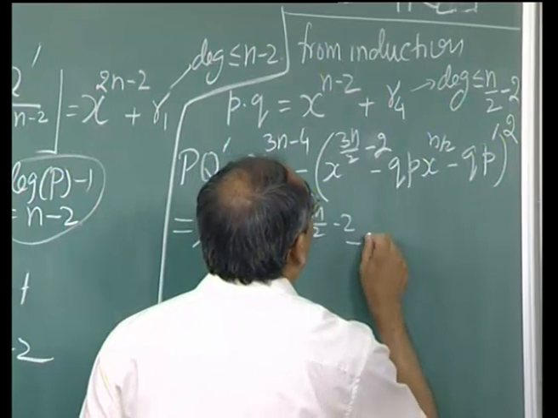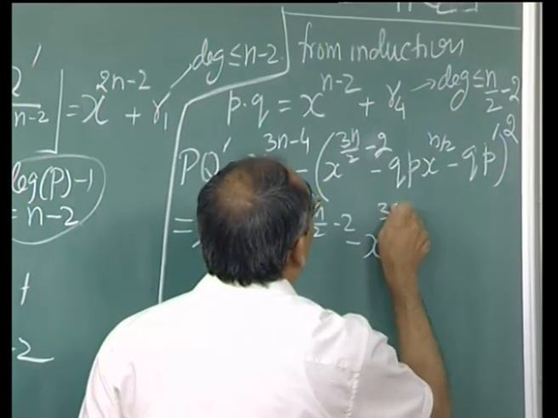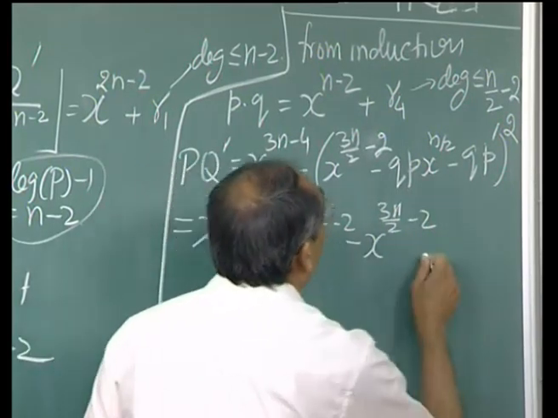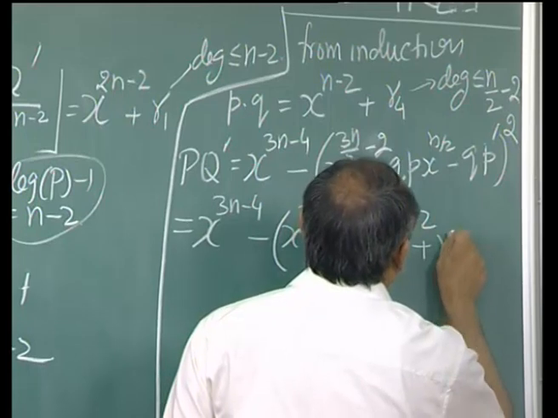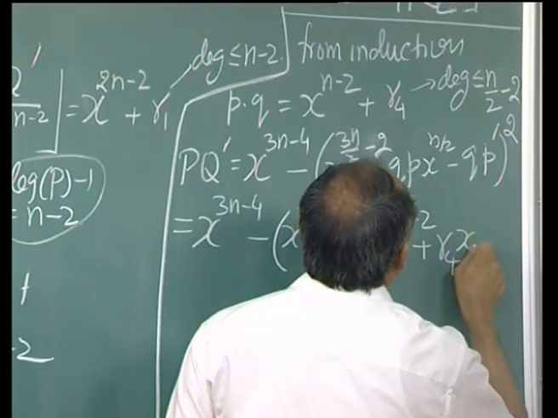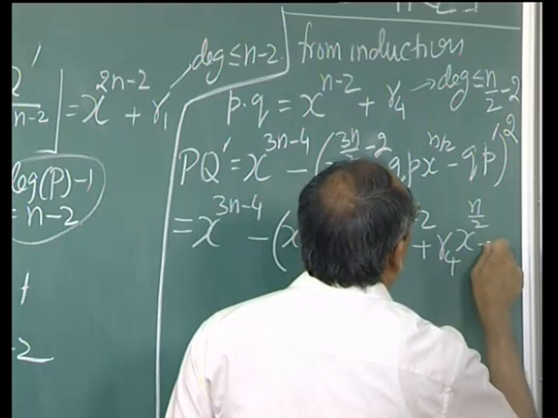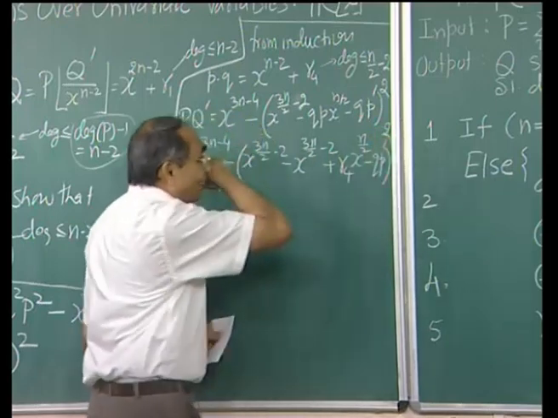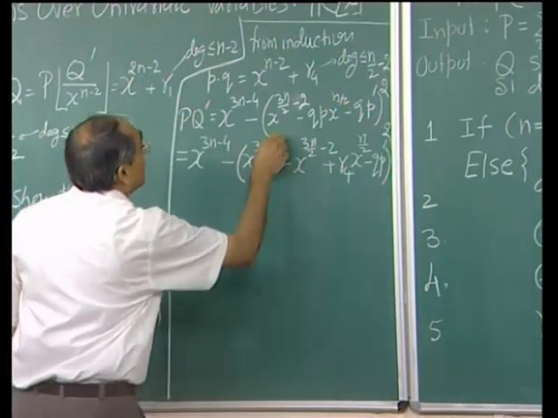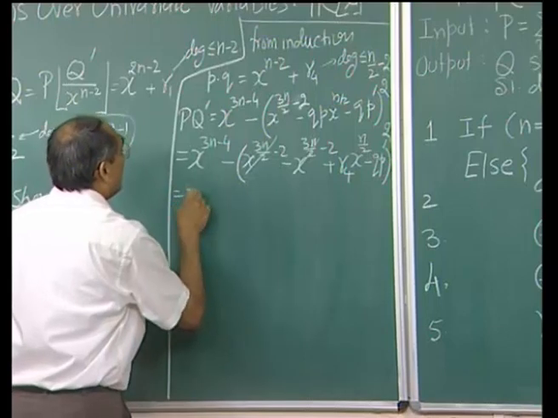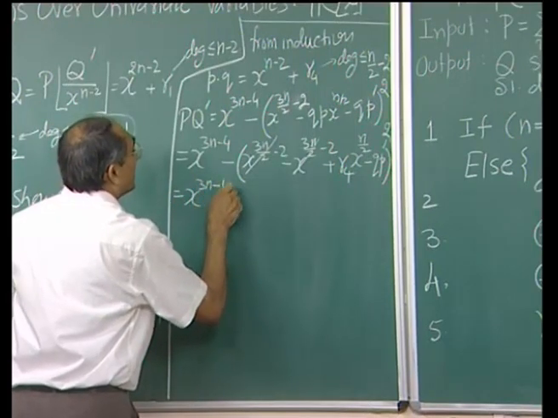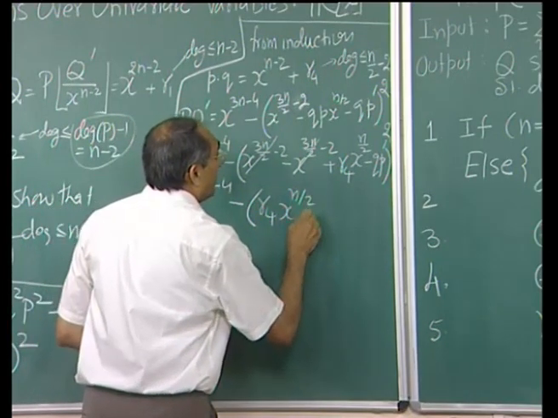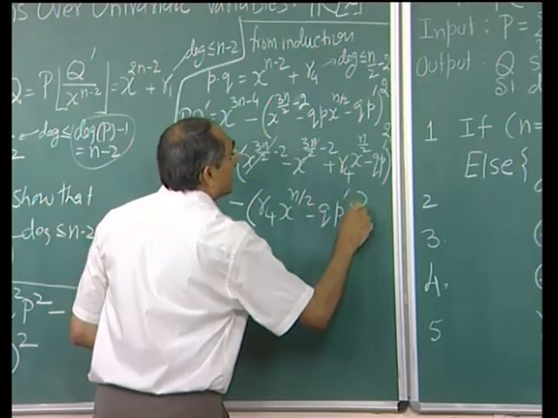So, that makes it x to the power 3n by 2 minus 2 plus R4 x power n by 2, minus q p' square. These cancel and we are left with x power 3n minus 4 minus R4 x to the power n by 2 minus q p' square.